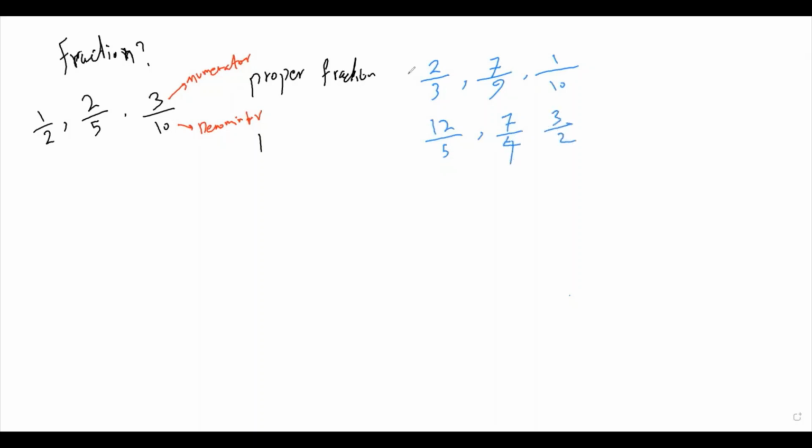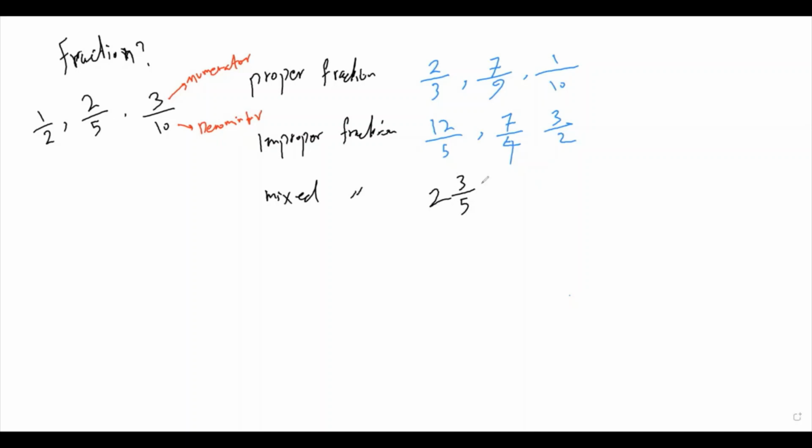These types of fractions are called improper fractions. And the last type would be the mixed fraction. It has a whole number and a proper fraction, like 2 and 3/5.